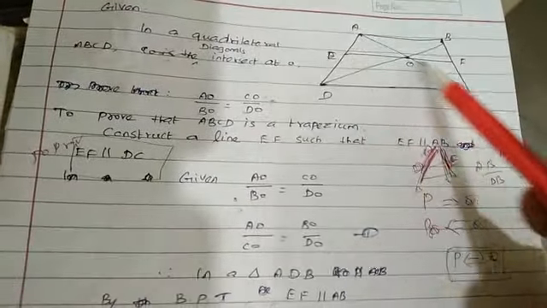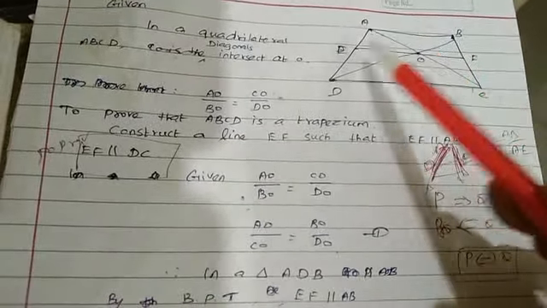EF is parallel to AB means EO is parallel to AB.